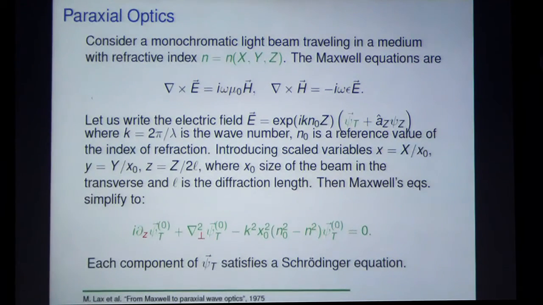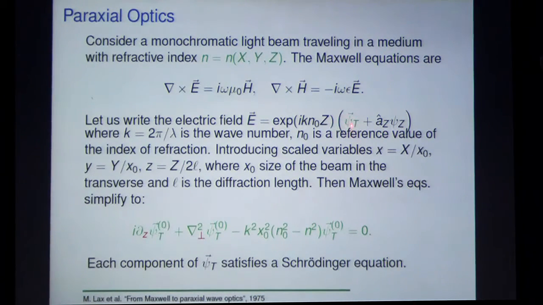Going to paraxial optics, there is an approximation telling us that when we have a refraction index like this one, that varies in the 3 coordinates, we have these two Maxwell equations and another couple of Maxwell equations. We can approximate all those Maxwell equations via this process over here. The electric field can be expressed by this multiplication.